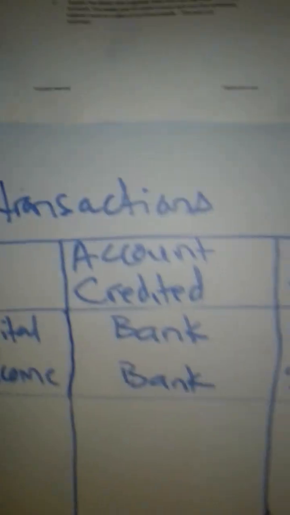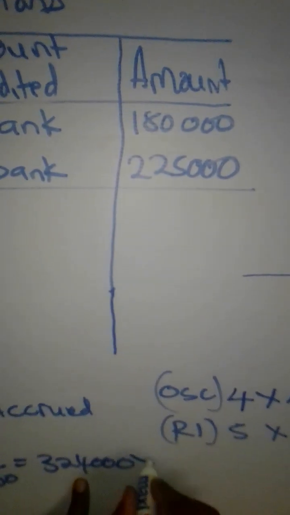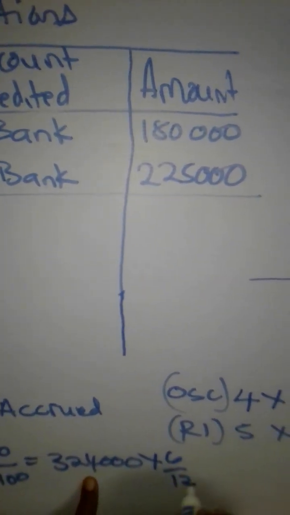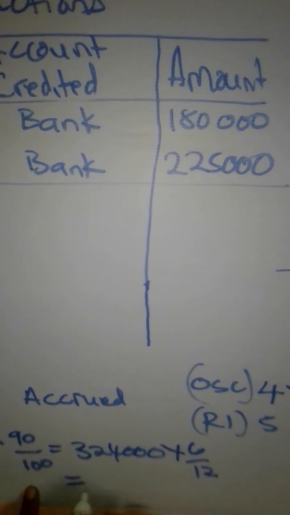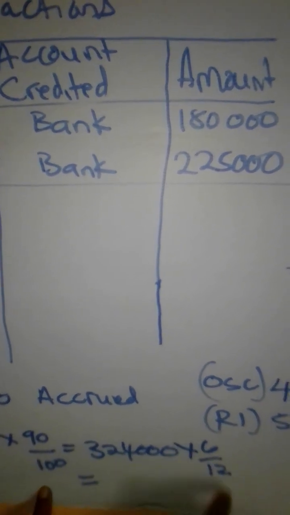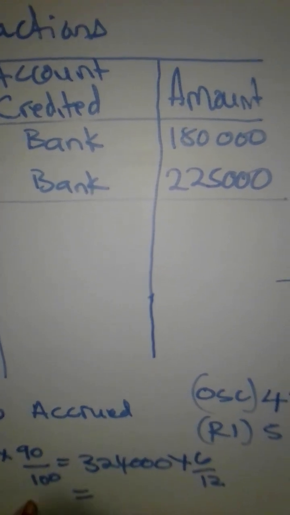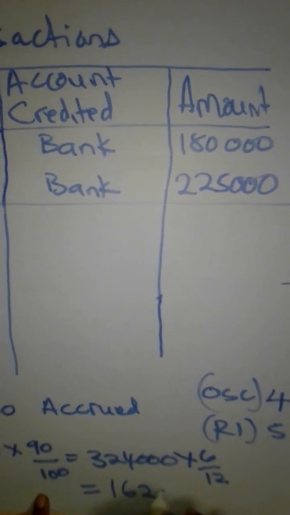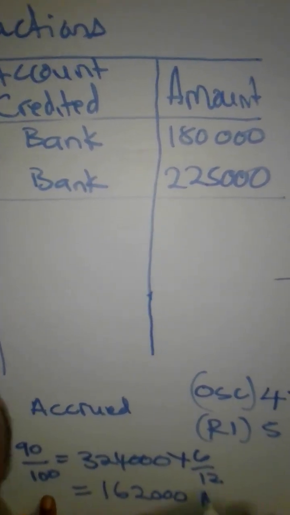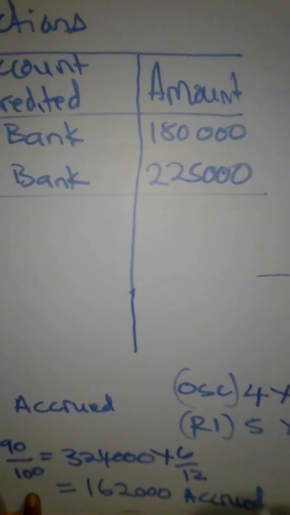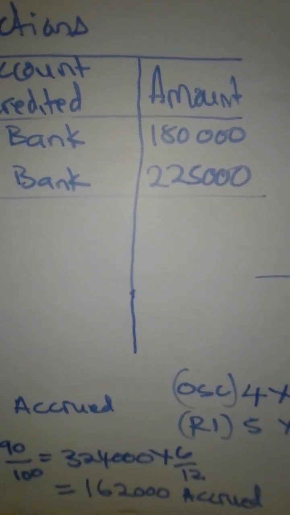So we're going to say this 324,000 times 6 months over 12. We are going to get something like 324 times 6 over 12. We'll get something like 162,000.